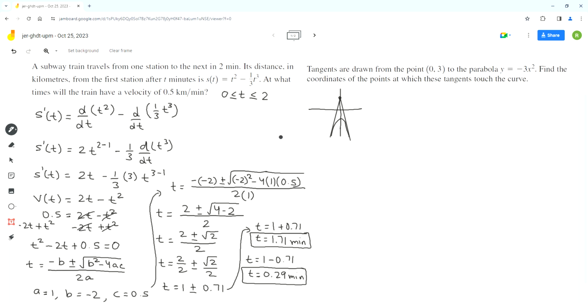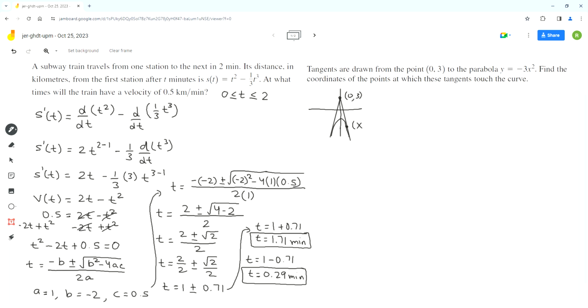right? So now we are given the coordinates of the point from which the tangents are drawn, (0, 3), and we have to find the coordinates of the points at which these tangents touch the curve. So let's assume the tangents touch the curve at these points where the x coordinate is x.